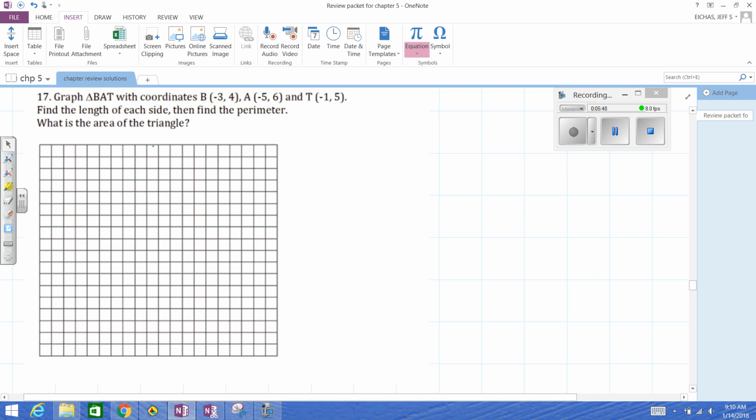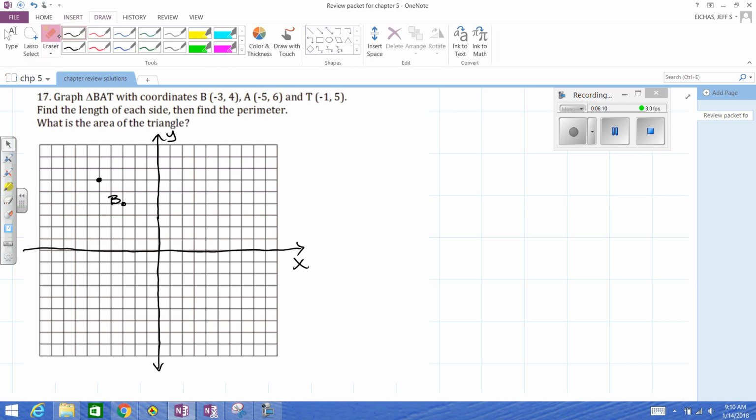All right, now we're on to this one. You're going to have to draw in your own y-axis and x-axis. Doesn't matter, just be close to the middle. All right, graph negative 3, 4, negative 5, 6. I'll put the B over there now.